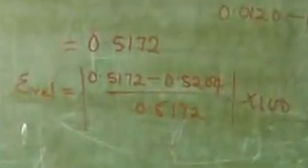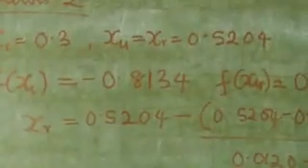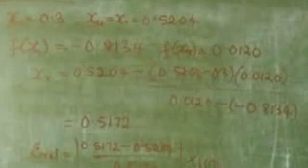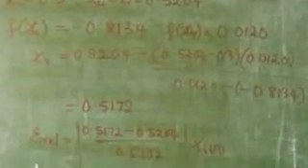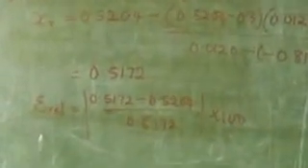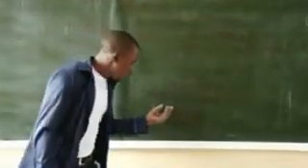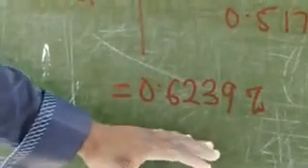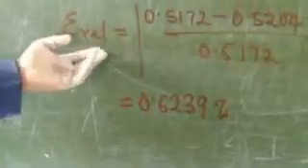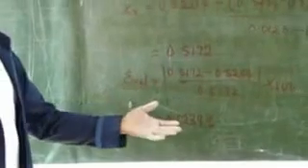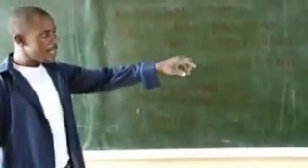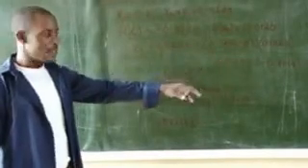Do that, and you now have 0.6239. You can see this is quite lesser than the initial value we have for this, which was 15 point something. But still, this is greater than the acceptable tolerance.